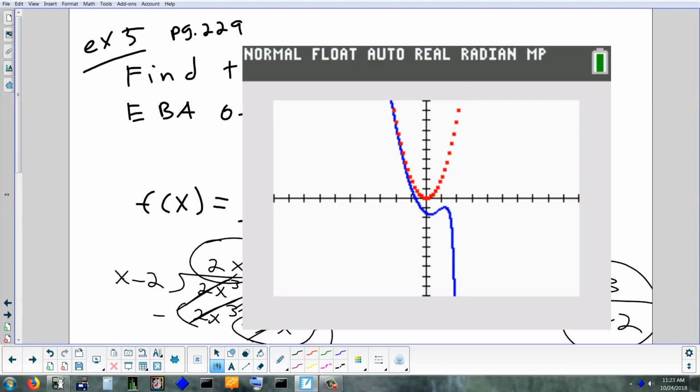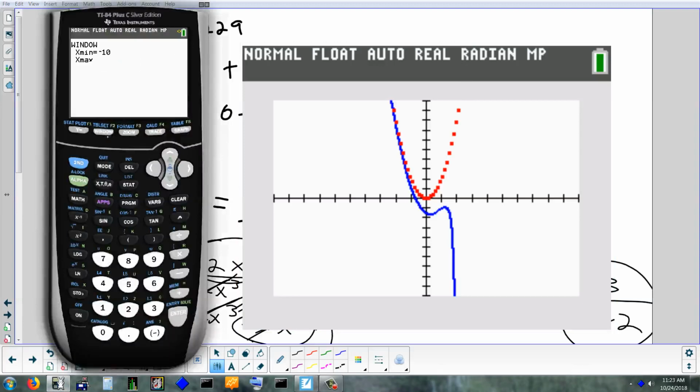So let's set the Y max higher so we can see it. I'll just try 25. Right, so there's the left part. We already had that. And there's the right part.